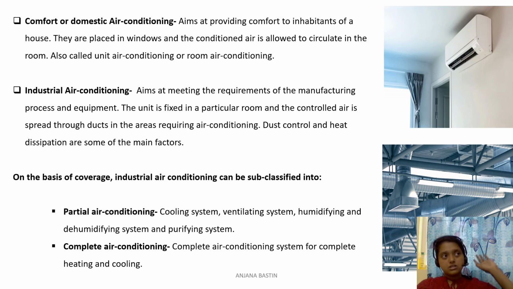So if you're providing AC facility only on the left side of the factory, and for the workers who are working only on the left side, we call it what? Partial cooling system. Okay. When you plan to provide AC to all the people or the entire span of the factory, we call it complete air conditioning.